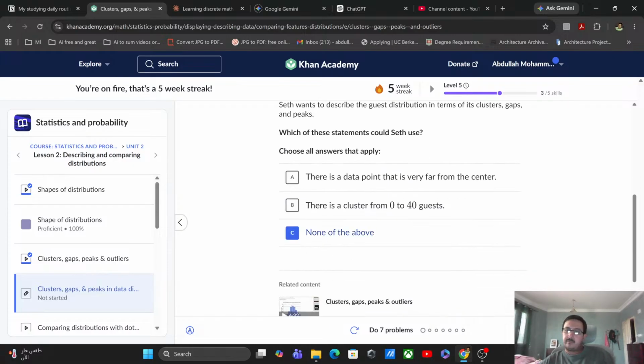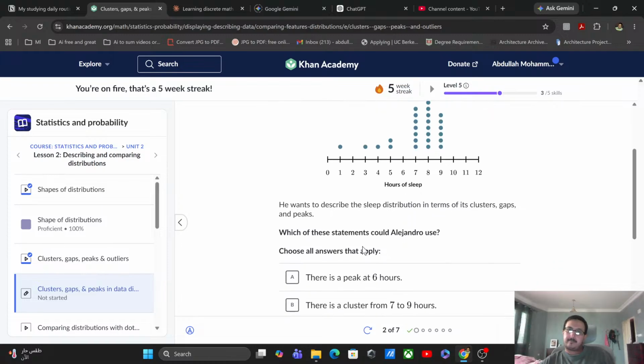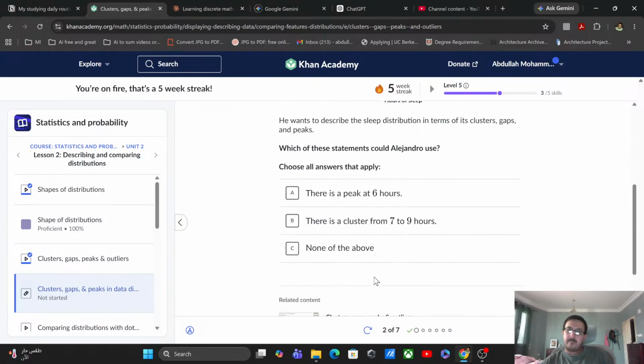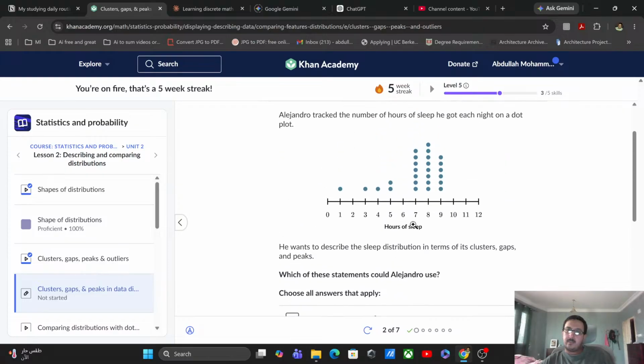None of the above. Okay, there's an outlier here. Peak at 6 hours. No. There's a cluster from 7 to 9 hours. 7 to 9 hours. Yep.